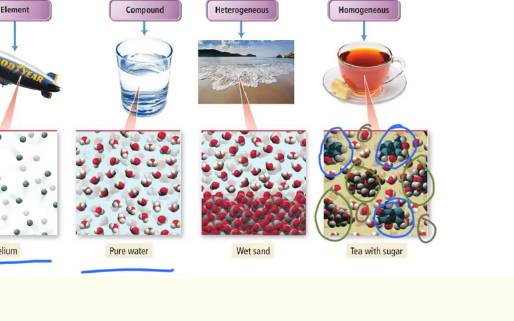In contrast, consider a heterogeneous mixture, for example, wet sand. In this wet sand, you have something in the solid phase, and then a liquid phase on top of that. The things in the solid phase are different than the things in the liquid phase. The molecules in the solid phase are different molecules from those in the liquid phase. So we consider that a heterogeneous mixture.